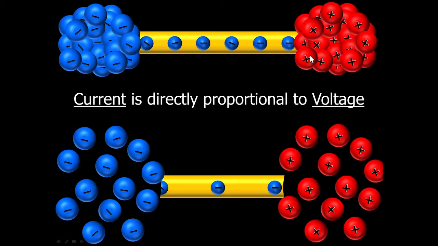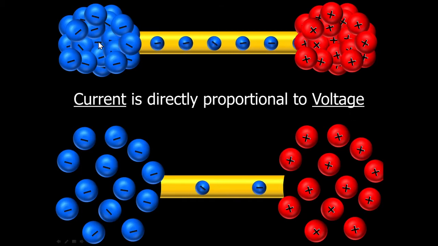All right, so let's say that we have two situations here where we have a bunch of negative charges pushed very tightly together, and same thing for the positive. This would represent a high voltage. And down here, the electrons are not pushed together quite as tightly. It didn't take quite as much work to get them to where they are, but they're connected by a wire.